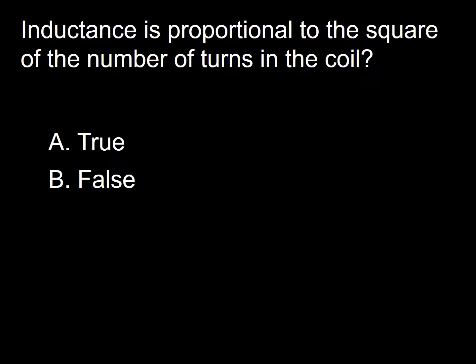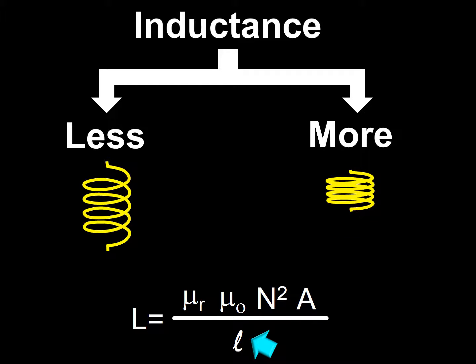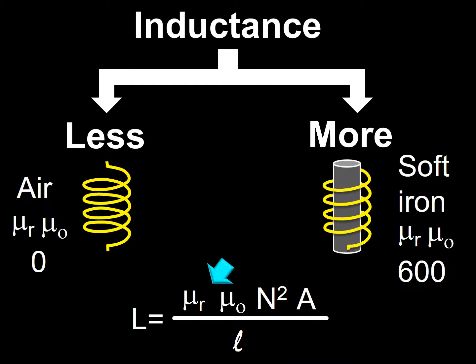Next question. Inductance is proportional to the square of the number of turns in the coil. A. True. B. False. The bigger the area, the bigger the inductance. The more stretched, that is, the longer a coil is, the less inductance.